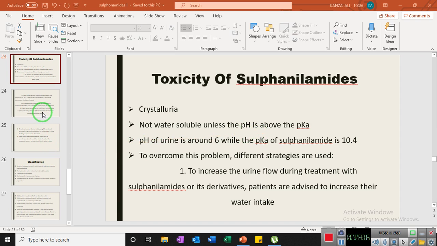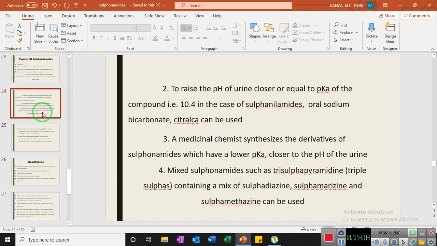While the second strategy is to use a compound which can increase the pH of the urine.